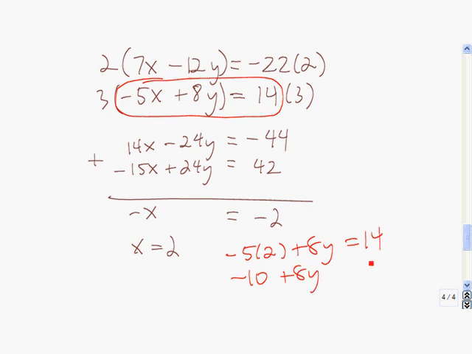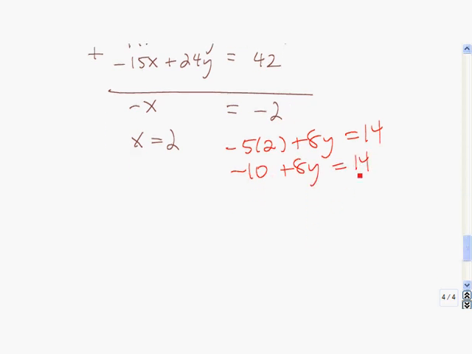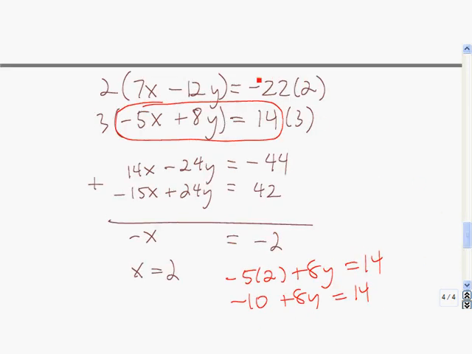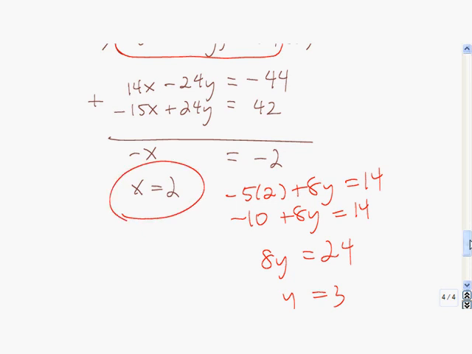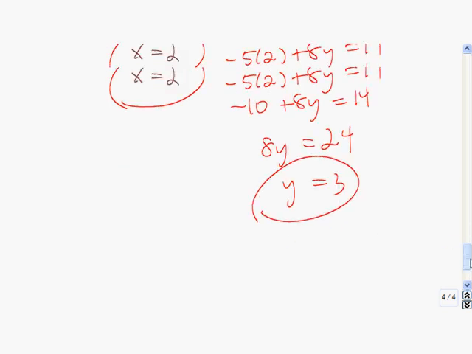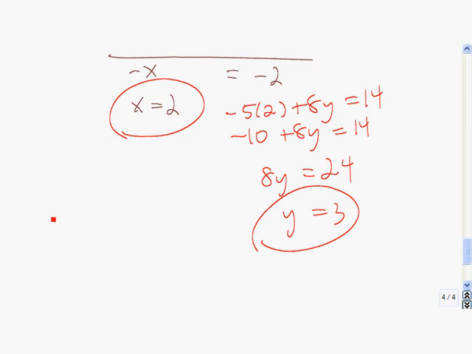So I have negative 10 plus 8y equals 14. I can add 10 to both sides, so I get 8y equals 24, which means y is equal to 3. So the solution to this original system right here is x equals 2 and y equals 3, which we can write in point form as 2, 3.